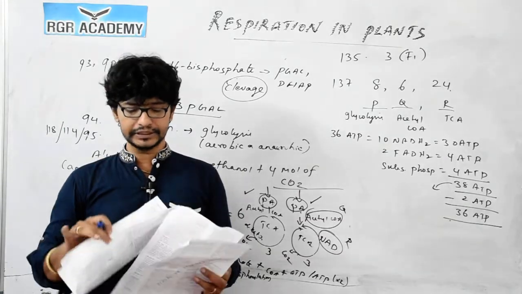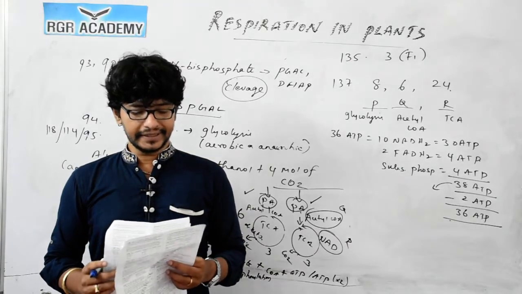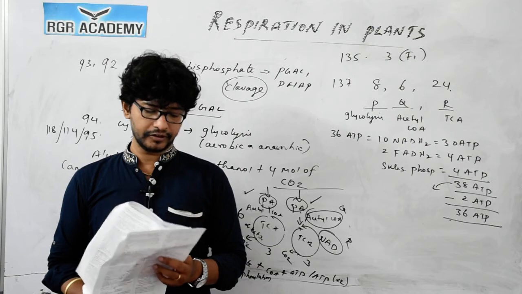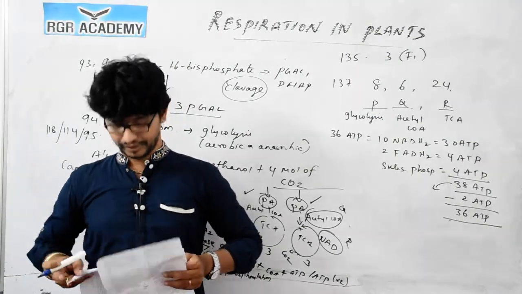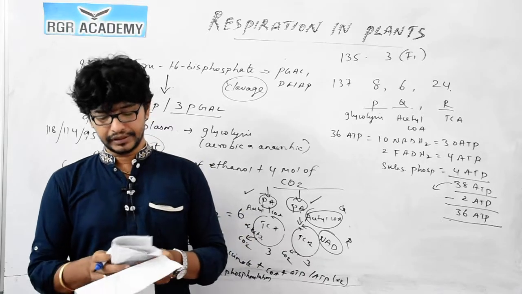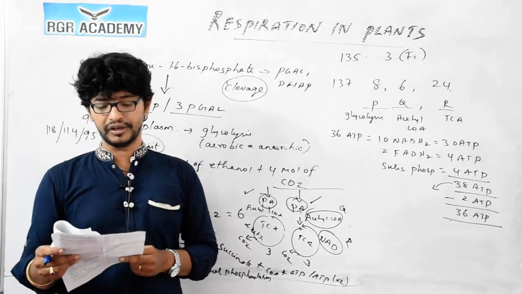If you look at question number 144, which enzyme helps in the transfer of the phosphate group from ATP to carbohydrates? The options are phosphatase, ATPase, phosphorylase, catalase.